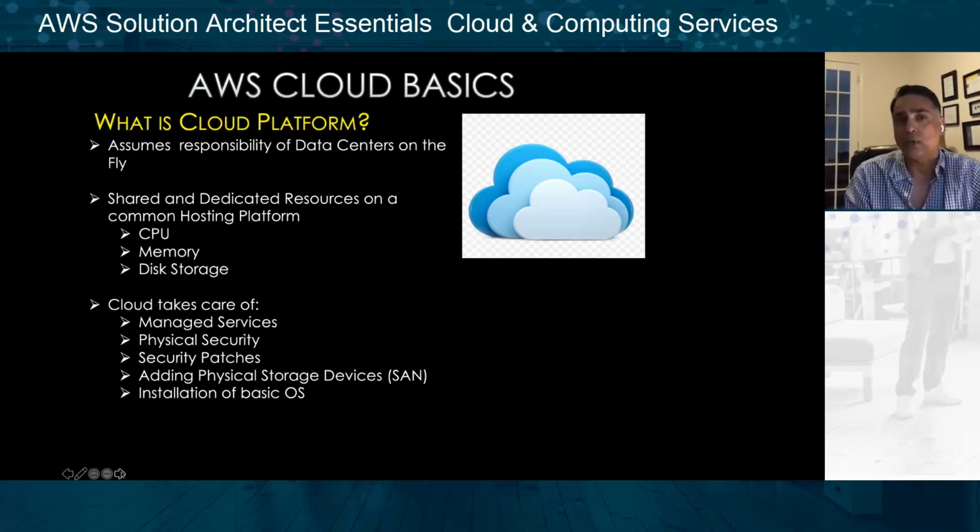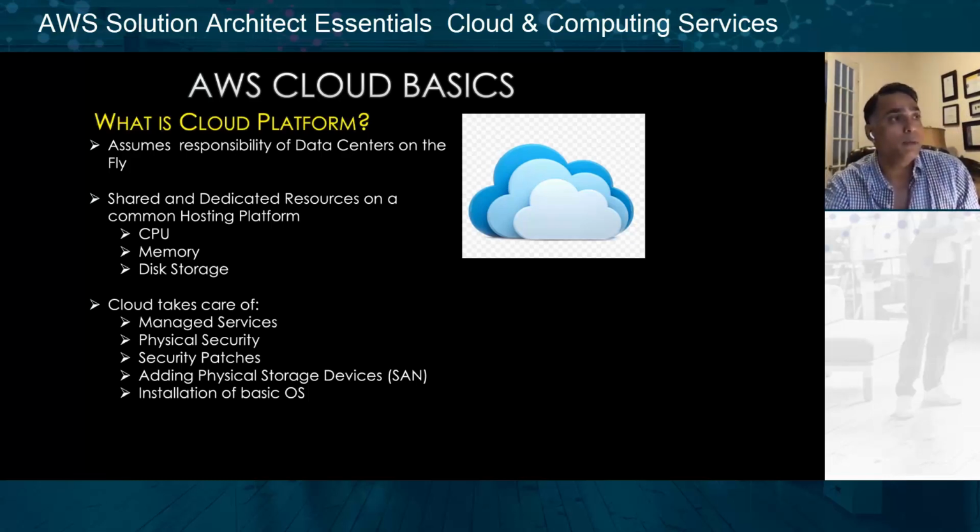Shared and dedicated resources on a common hosting platform: CPU, memory, disk storage. So obviously you can have dedicated servers for yourself as well, but that's going to cost you more. The idea of moving over to cloud is the efficiency, speed and cost effectiveness. If you are not sharing, then obviously you need dedicated instances of your hardware and all that stuff, which means you have to have your servers, everything dedicated to yourself.